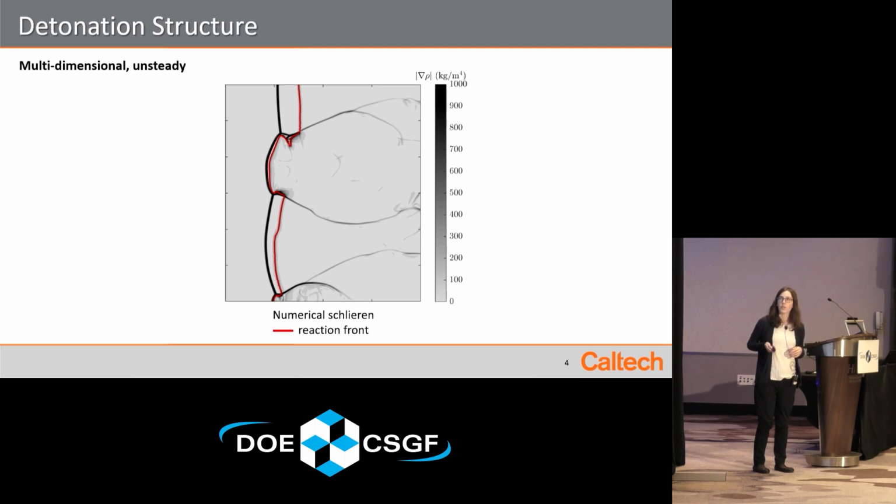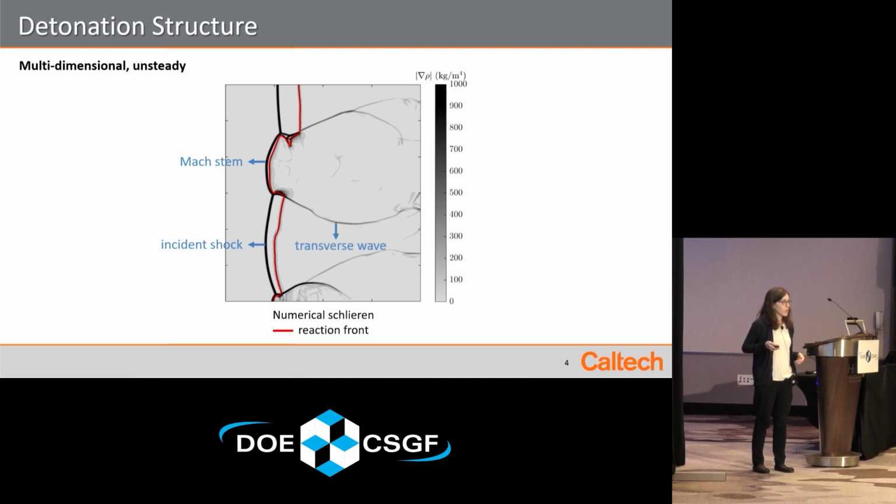There's a few key features I can point out here. Where the shock and chemistry are occurring close together, we have what's called a Mach stem, so it's propagating faster locally. Where we have more distance between the shocks and reactions, the detonation is propagating slower. That's our incident shock.